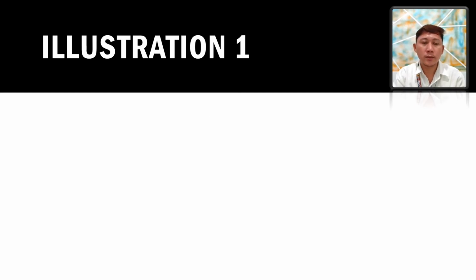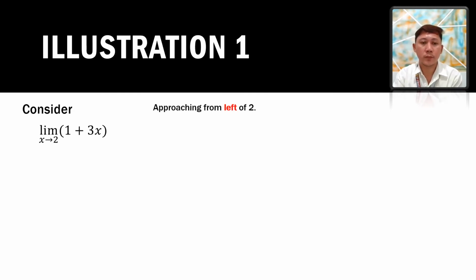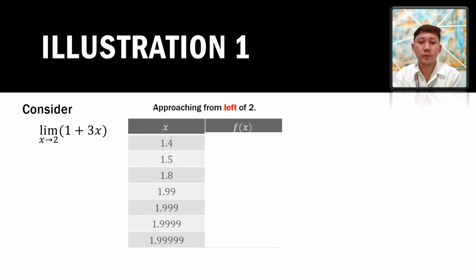Now let's try to find the limit of a function using the table of values. Consider the limit of the quantity 1 plus 3x as x approaches 2. From the left of 2, we have these values. Take note that these values may be different.